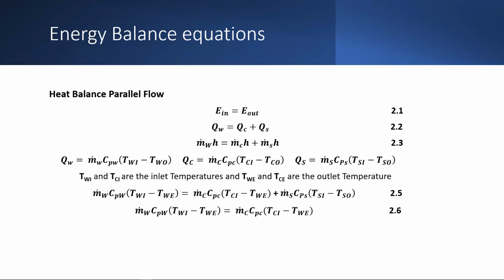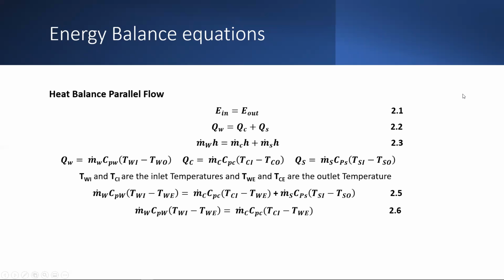Since this is an energy balance, we use enthalpy for our heat. So we have mass flow rate of the warm times enthalpy equals the mass flow rate of the cold times enthalpy plus the mass flow rate of the surrounding times enthalpy.